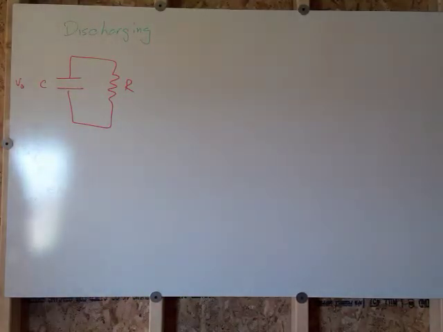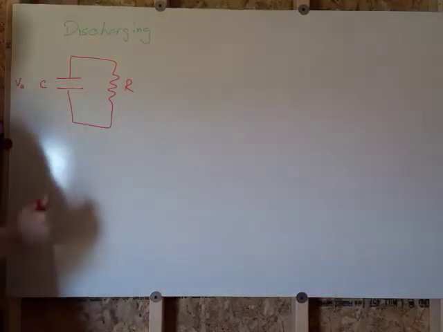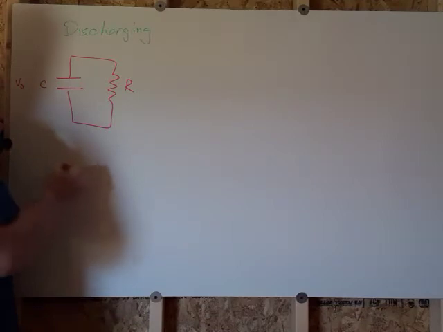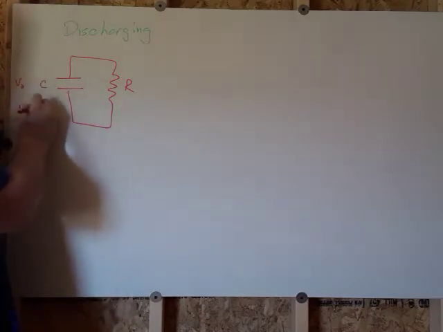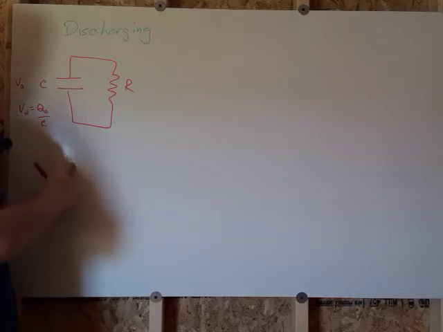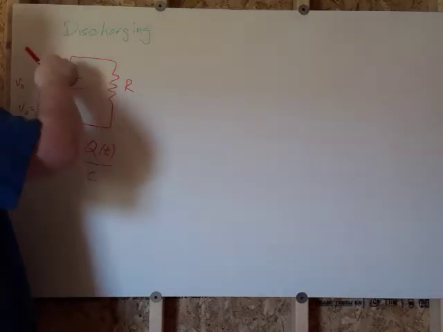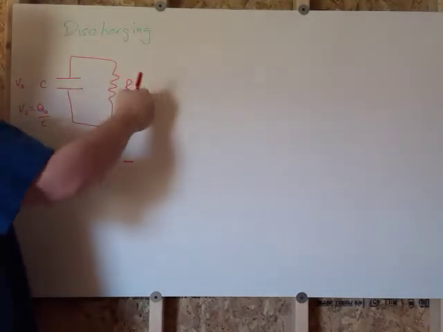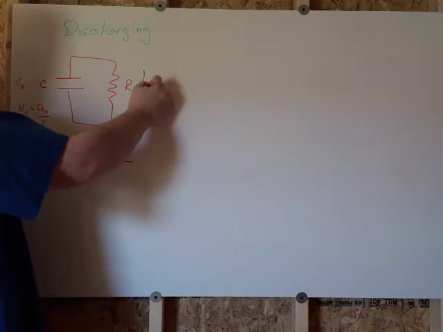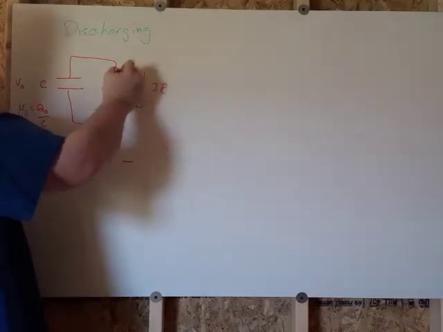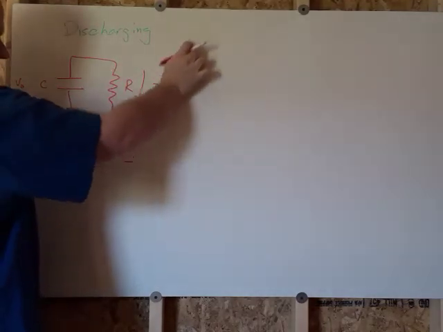What happens then is essentially I start with the voltage as a function of time on the capacitor, and V naught is going to be Q naught over C. Right, so I'll have Q as a function of time over C minus, now the voltage here is I times R as the current flows around.